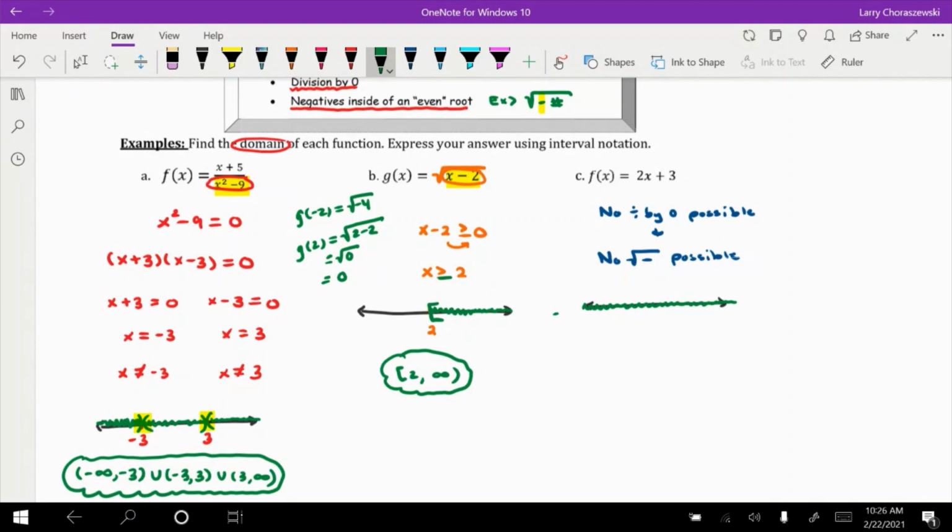And the shading technically goes from negative infinity to positive infinity. And we would construct the interval notation accordingly. And what would be a way of wording out this answer for the domain? The domain would be the set of all real numbers. Yep.